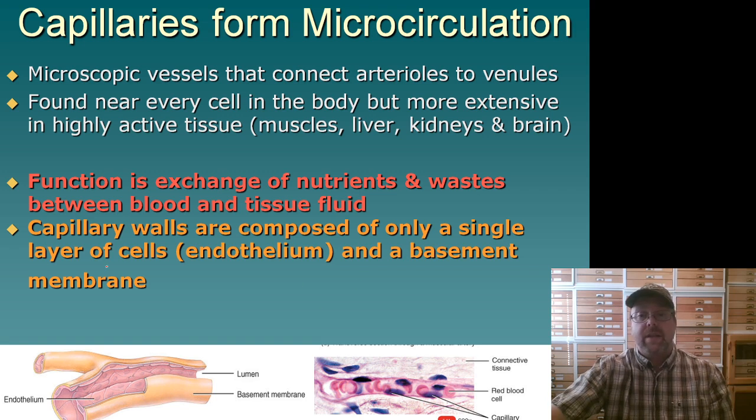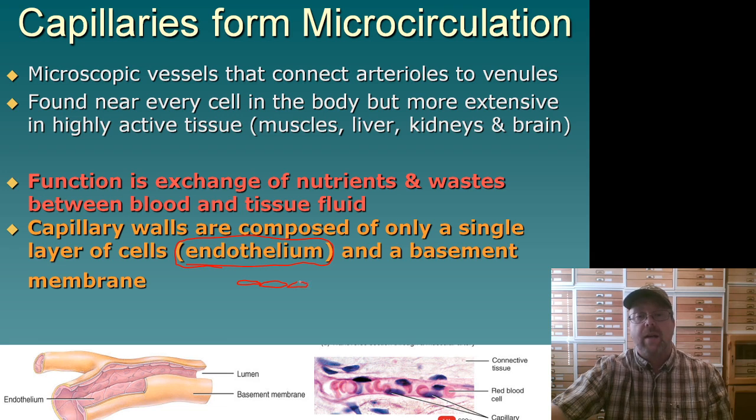So this is important. It says that the capillary is only made of that internal layer, the tunica interna. So even though our veins and arteries have those three layers, the capillaries are down to that one layer of cells. So we have one layer of cells that make up that endothelium.